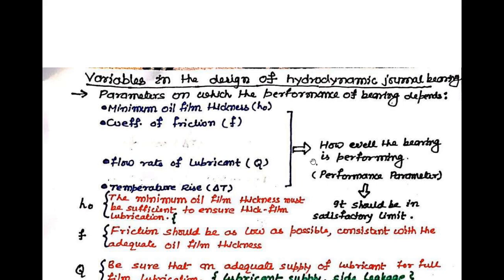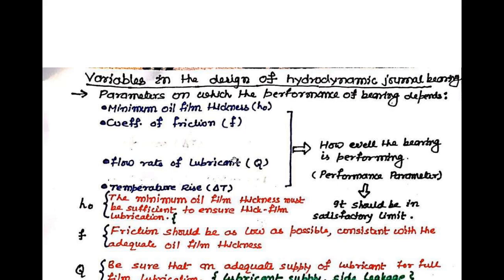These four parameters define how well the bearing is performing. Means the performance of bearing depends on these four parameters: H0, coefficient of friction F, Q and delta T. So this is called performance parameter. So it should be in satisfactory limit for better performance of the bearing.